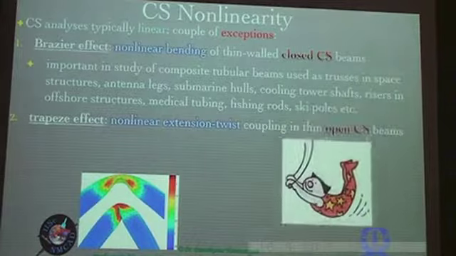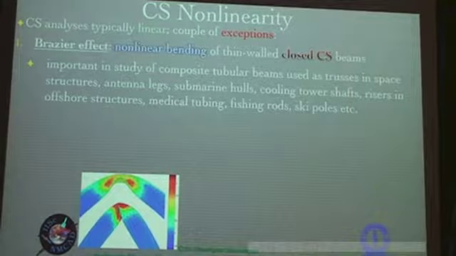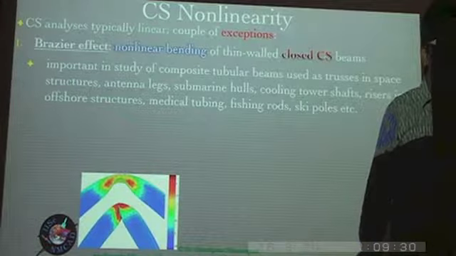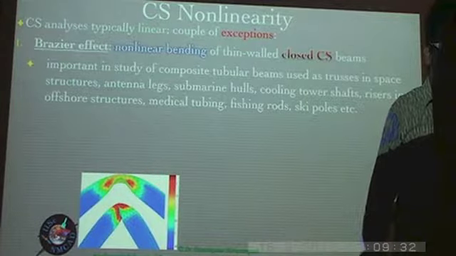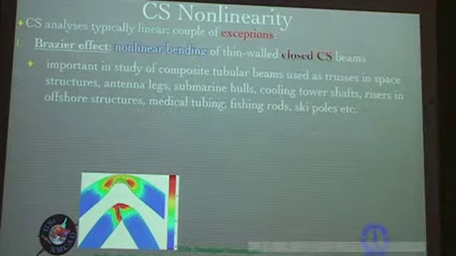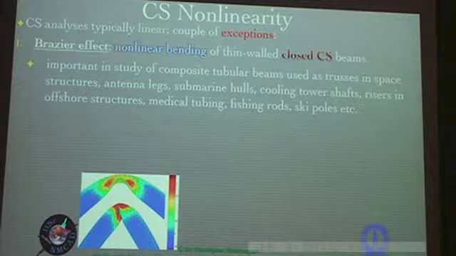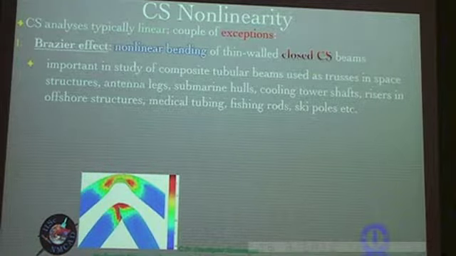Sir, in aircraft wings, we have talked only about the skin and the spar. Now we have a rib also, so maybe this effect of thin wall might not come because of the ribs. Yeah, see what the ribs basically do is, your transverse stiffeners will only restrict the length of your beam.